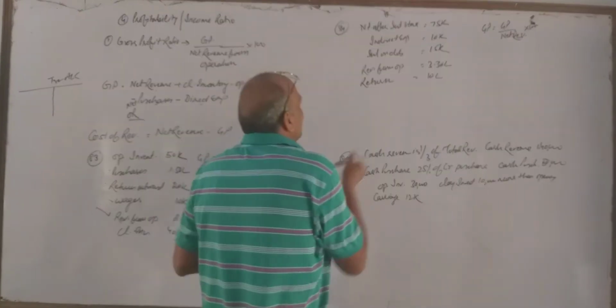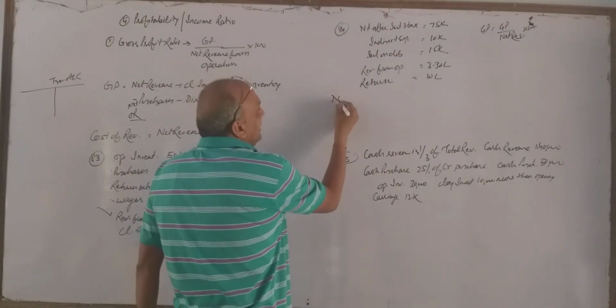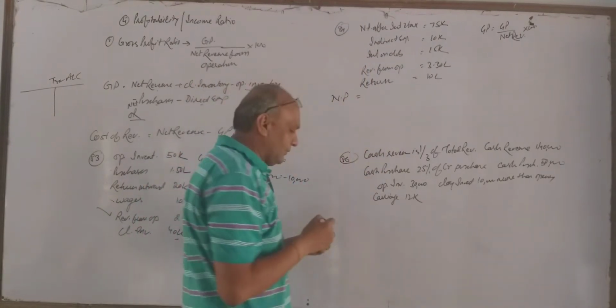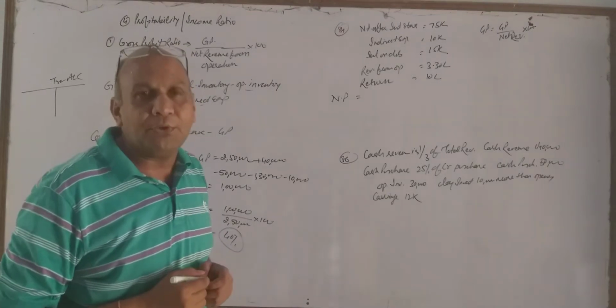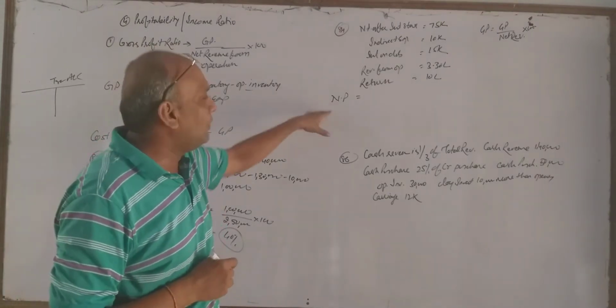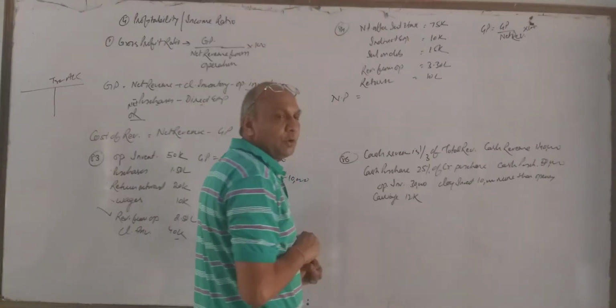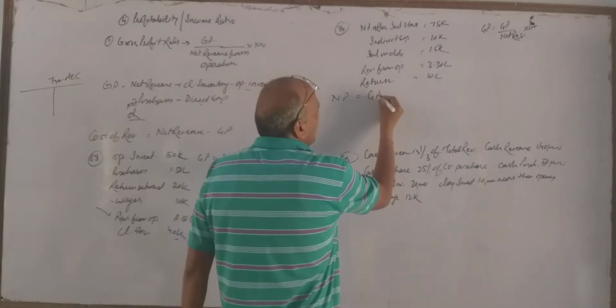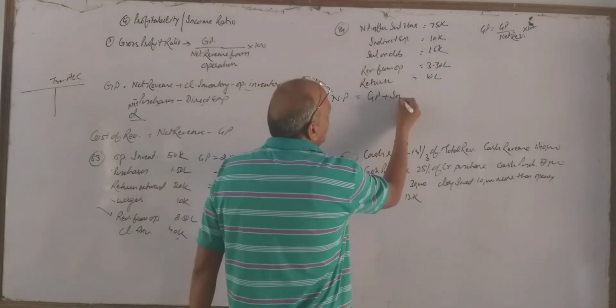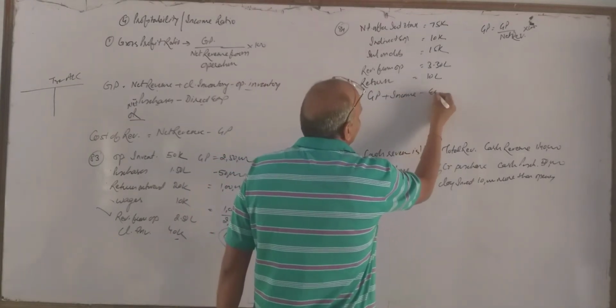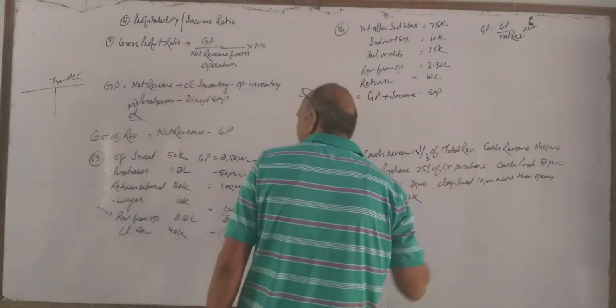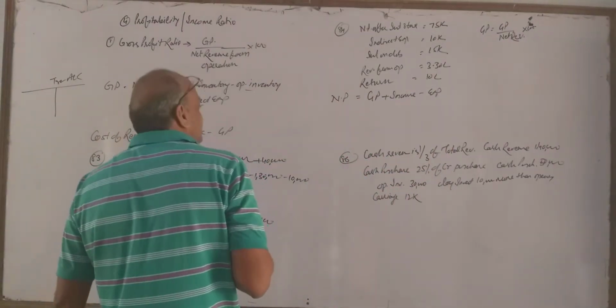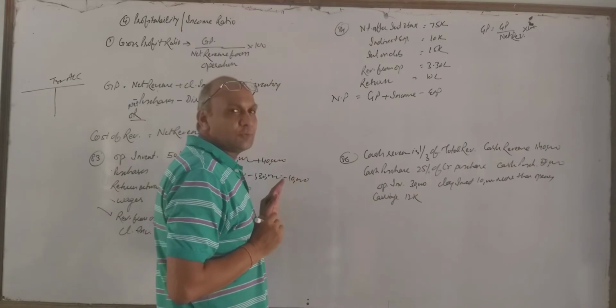Net profit we find from the profit and loss account: gross profit plus income if given, minus expenses.